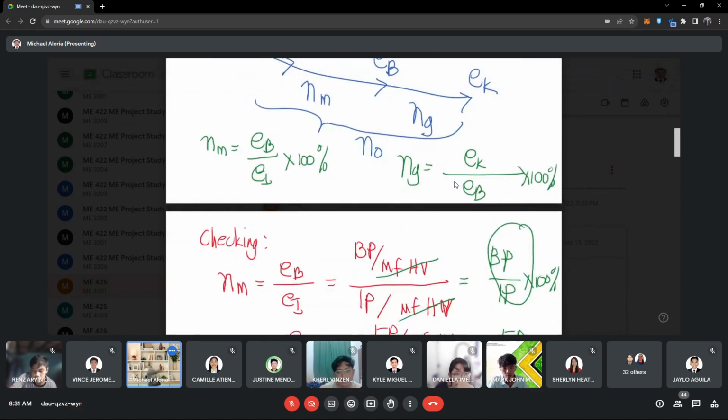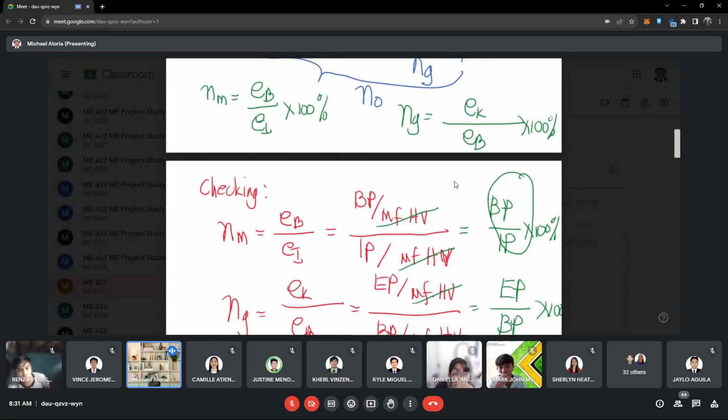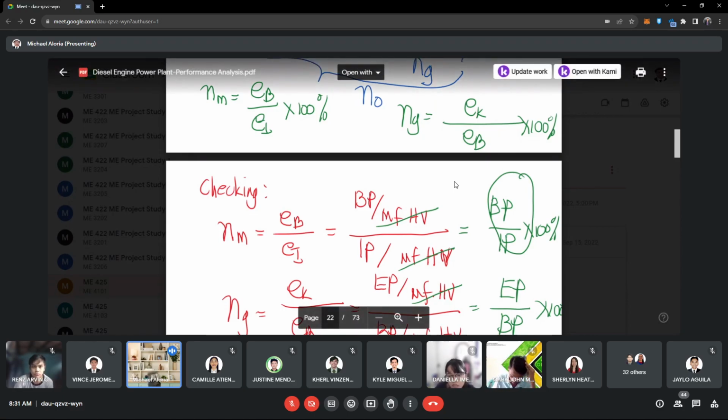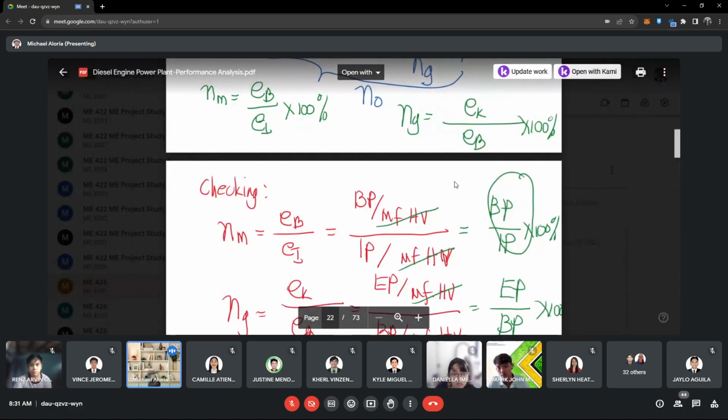Now, we can substitute. We defined our brake thermal efficiency as the power over the heat supplied, so BP over mF HB. Then for EI, we have IP over mF HB. So the heat supplied, mF HB, will cancel out. What remains is BP over IP.